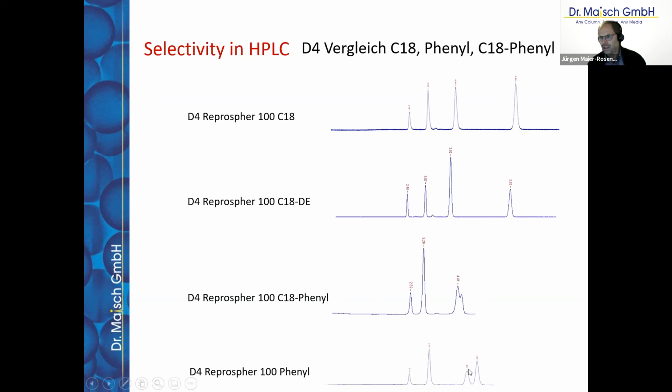The toluene is still at the same position, but we have an additional increase of the retention of the toluamide due to the additional pi electron interactions of the surface. So if you're going from a C18 over C18 phenyl to a phenyl phase, you can adjust your peaks to the position you need for the best selectivity for your application.